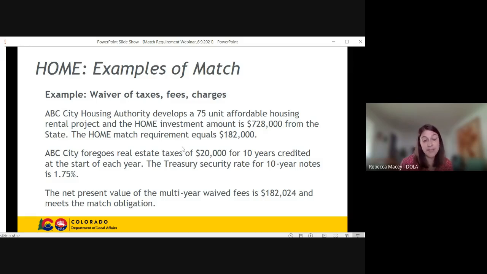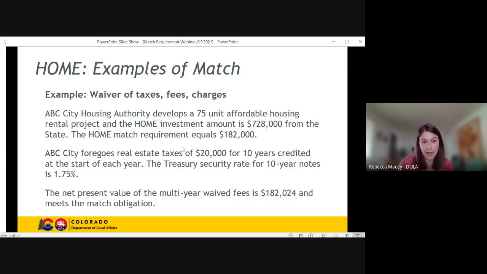Because it's a housing authority, the city forgoes its real estate taxes of $20,000 a year for 10 years, credited at the start of each project. Now, using a treasury rate for a 10-year note of 1.75%, we can figure out the present value of that $20,000 every year for 10 years.